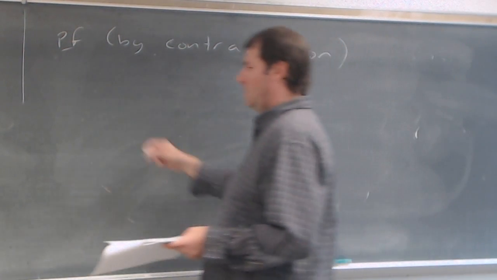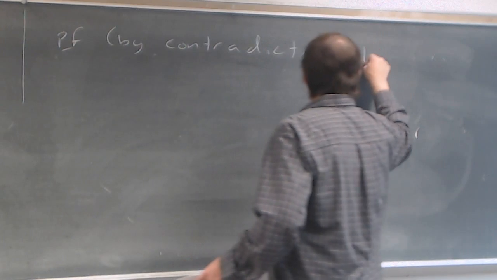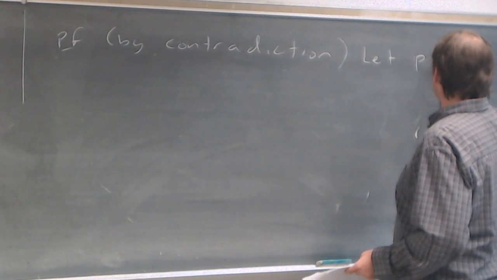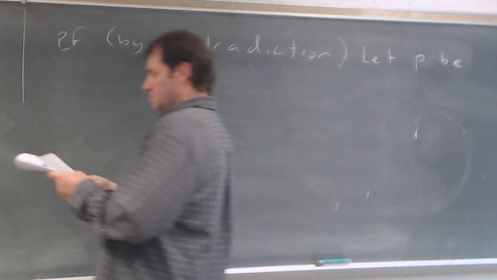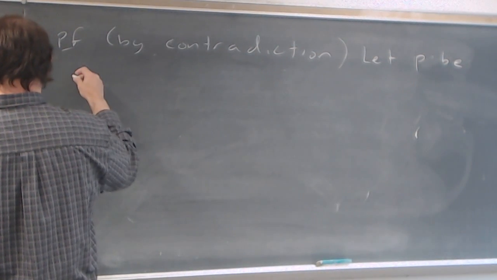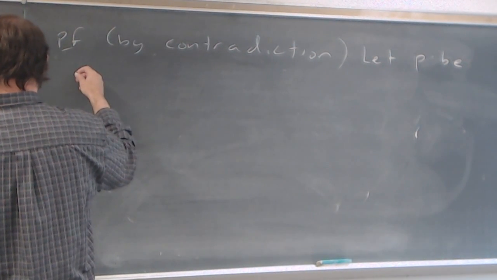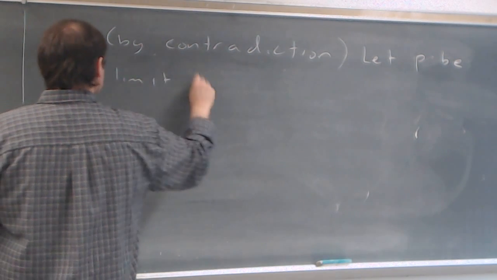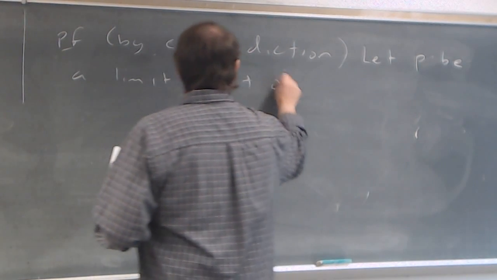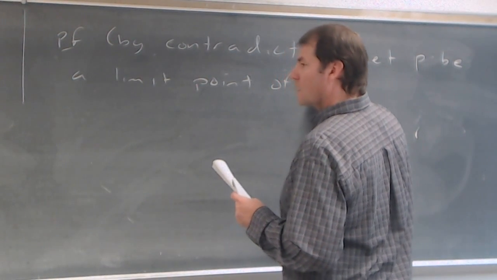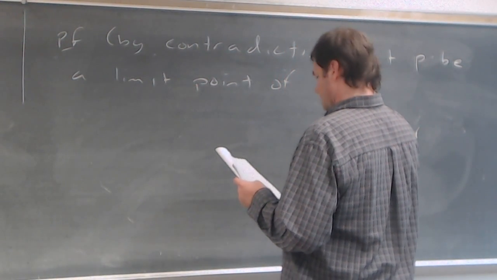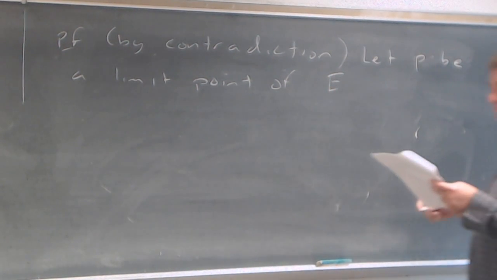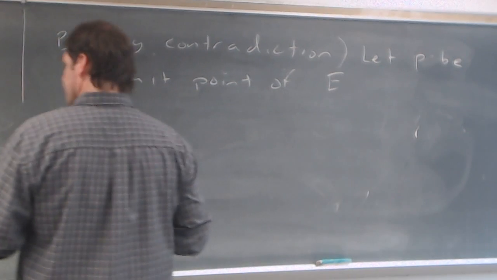So let P be a limit point of E. Then we're trying to do this by contradiction.